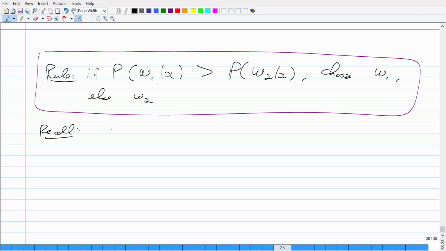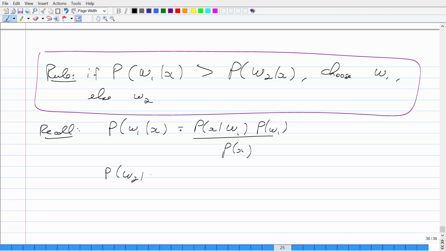If you recall, this was straight off from Bayes' rule, and similarly we can do that for the second class as well.